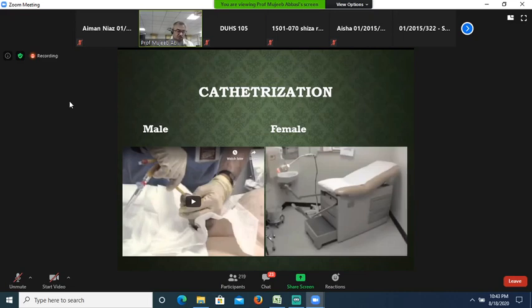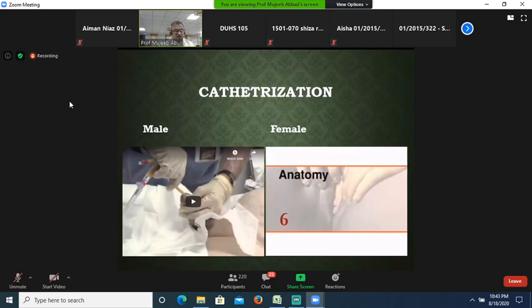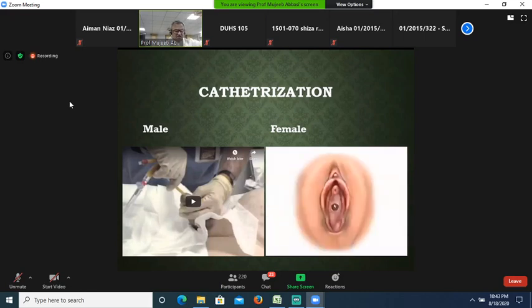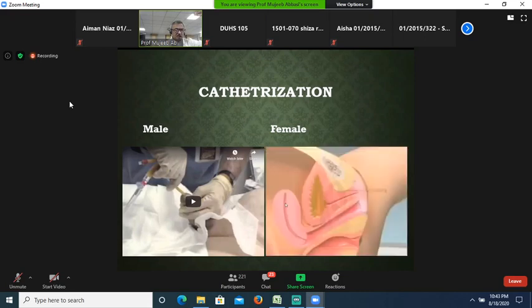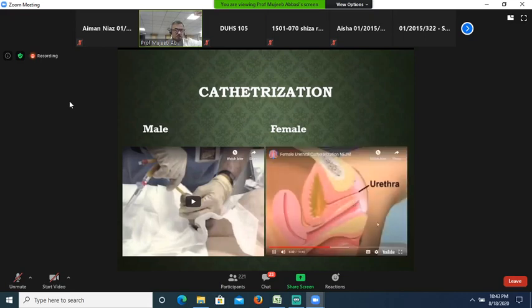It's basically examining the genitalia and trying to find the urethral meatus. It's a fibromuscular tube, roughly around 5 centimeters in length.